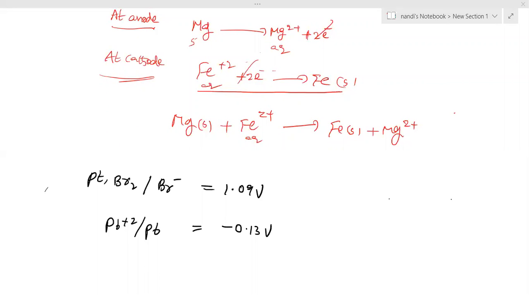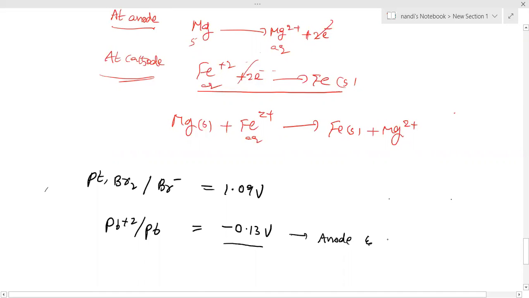So which is the more negative value can act as anode and reducing agent. Is it correct? Anode and reducing agent. Which has the higher E0 value is cathode and oxidizing agent.